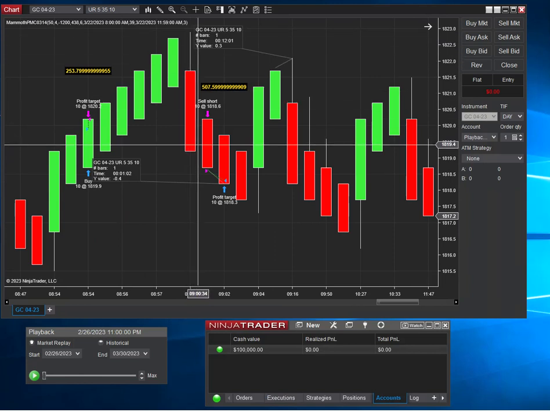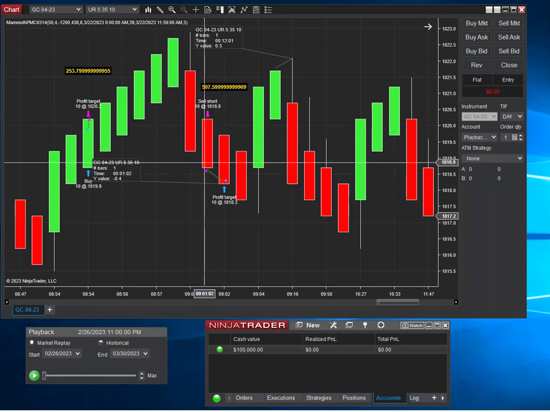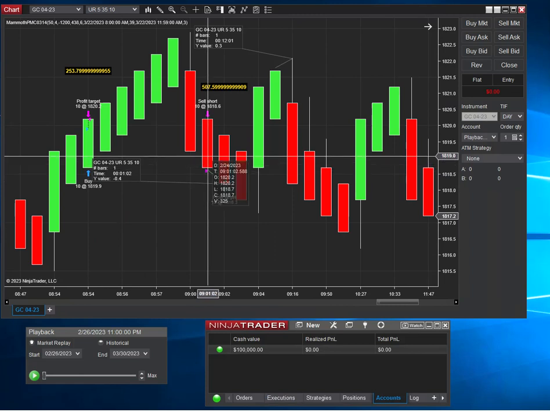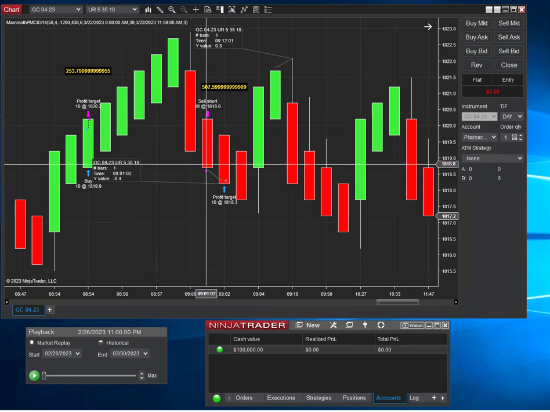Because this reversal bar happened, the second bar has to be formed to confirm this reversal. Once this bar is formed, our entry will be right here after the filter confirms it. The entry is 1 tick below the low of this bar, 1818.7. The entry is 1818.6, right?